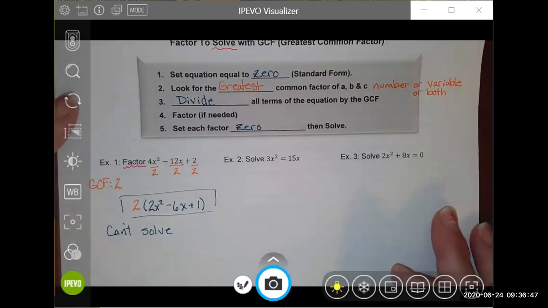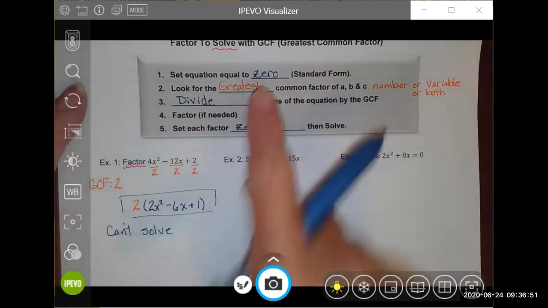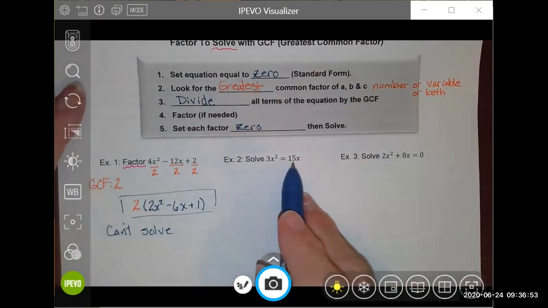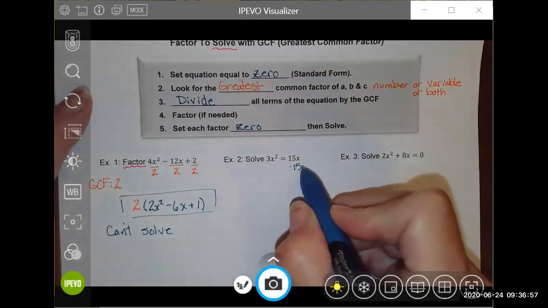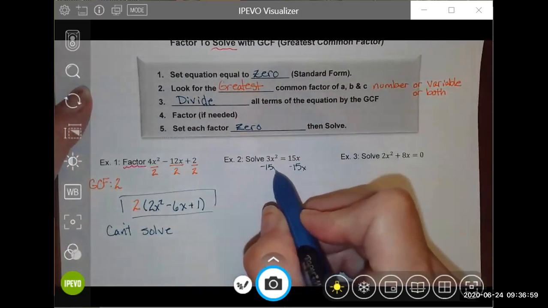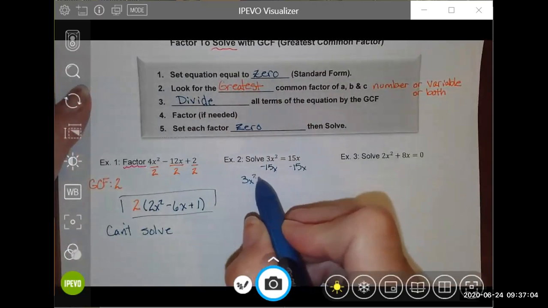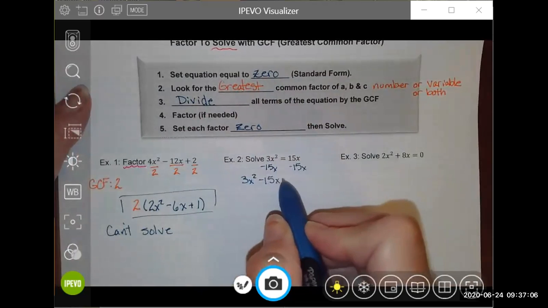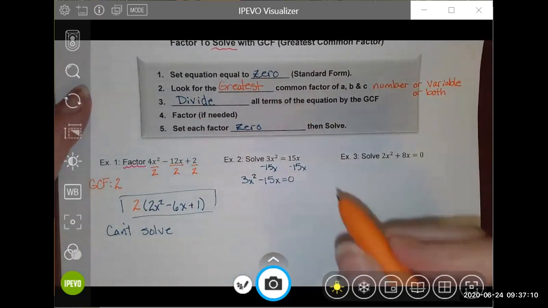Let's look at number 2 next. In number 2, the first thing I want to do is set my equation equal to 0, and it is not already that way. So I'm just going to subtract 15x from both sides. And I end up with 3x squared minus 15x equals 0. My next step is to identify my GCF.